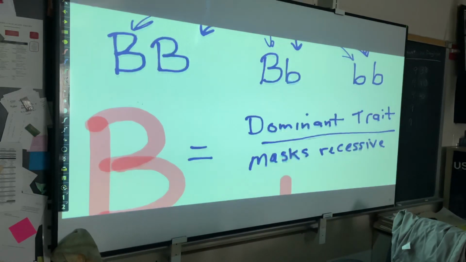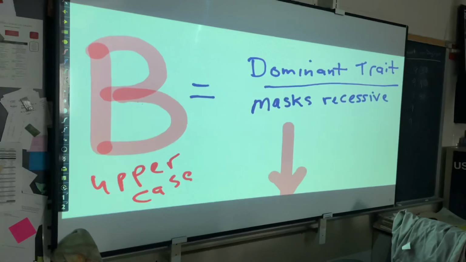And so if you look at that capital dominant B, it's a dominant trait. Always listed in uppercase. And when I say it masks recessive, so if whatever trait, this is the dominant. I'm going to make my hand the dominant trait. My hand is out here, it's real big. The recessive, I just make a fist, and then I can hide it behind my hand. It's just like that. So you can't see the recessive, so it's hidden behind the dominant.